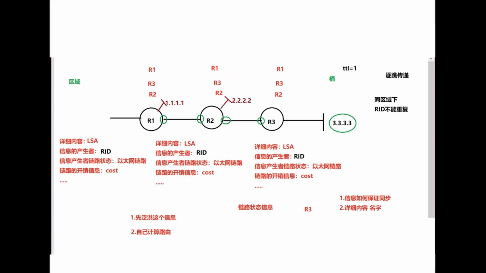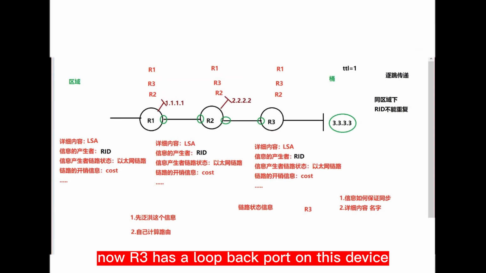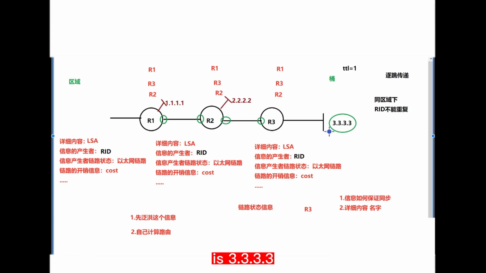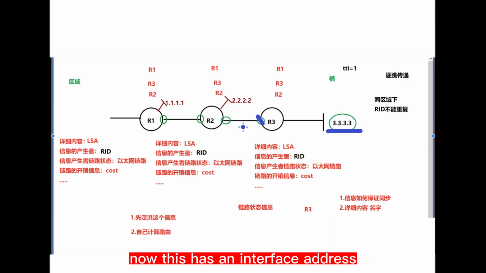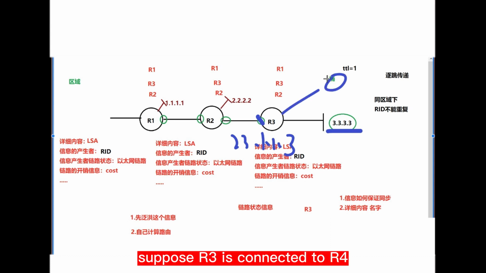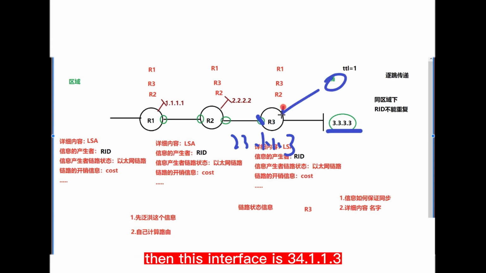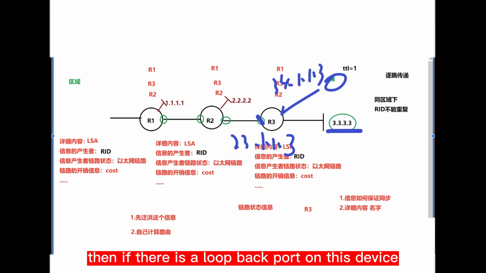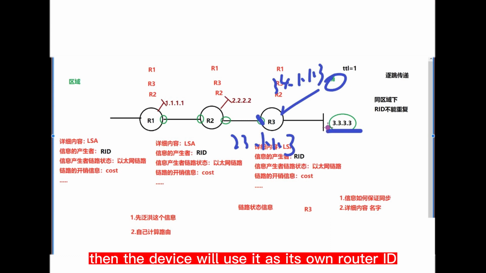For example, now R3 has a loopback port on this device, which is 3.3.3.3. It also has an interface address, 23.1.1.3. Suppose R3 is connected to R4, then this interface is 34.1.1.3. If there is a loopback port on this device and you have not configured a router ID, the device will use it as its own router ID.